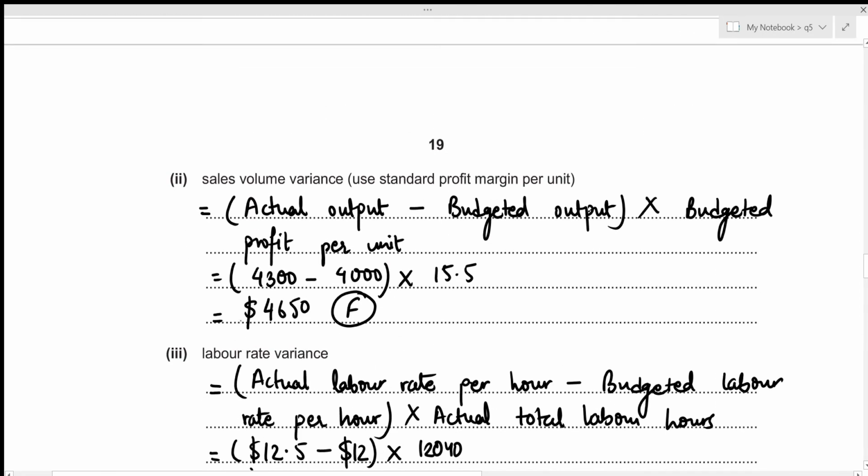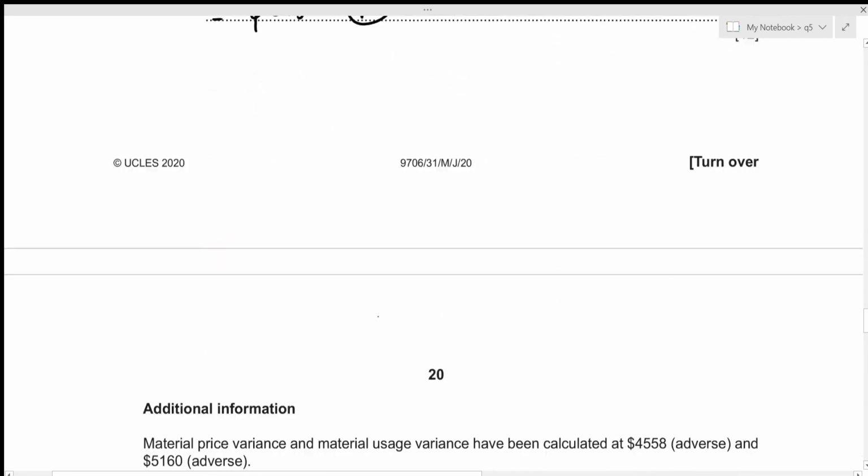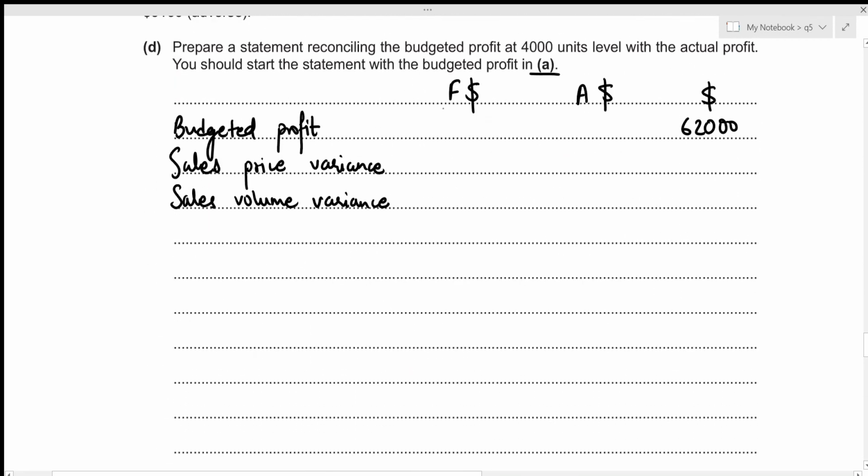And we have our sales volume variance of 4,650, and this is a favorable condition. So we will be recording this value in our favorable condition column. Let's do that. So we first had the sales price variance of 8,600 adverse condition. So that will be in our adverse column. Then we had the sales volume variance with favorable condition with the value of 4,650.